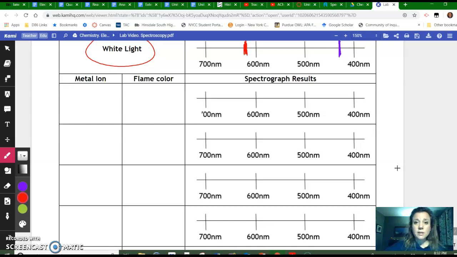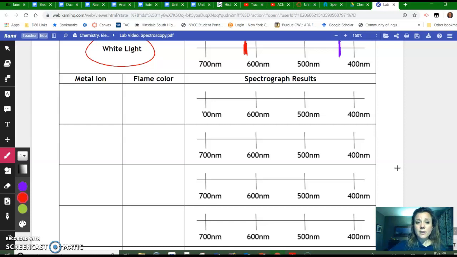You're going to dip it into a beaker that contains powdered metal ions, and you're going to burn it in the Bunsen burner. And while someone is holding the stick and burning it, another partner looks at that colored flame through the spectroscope.